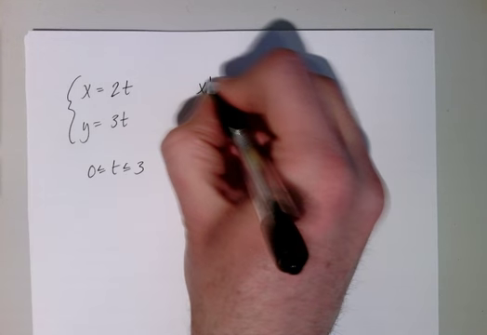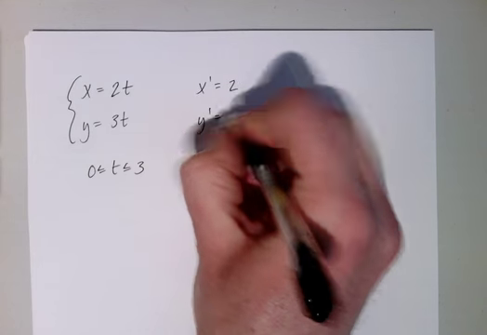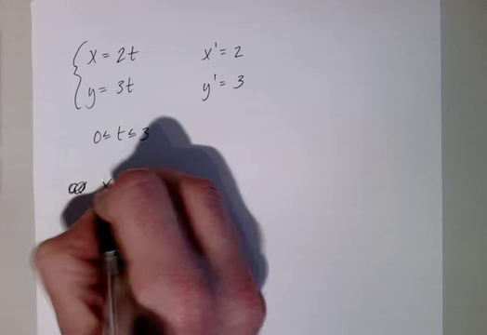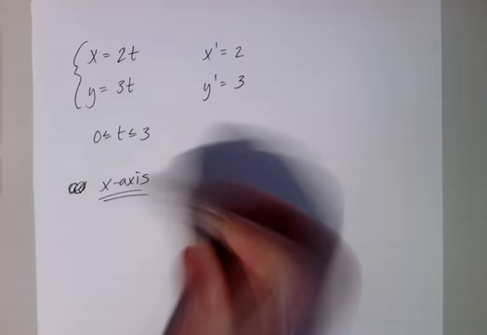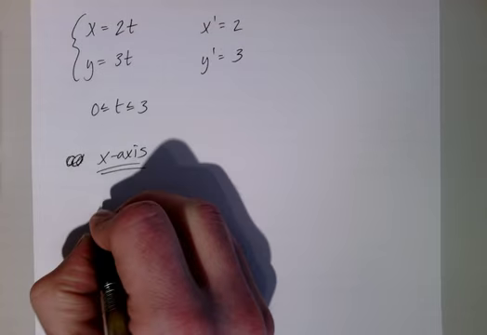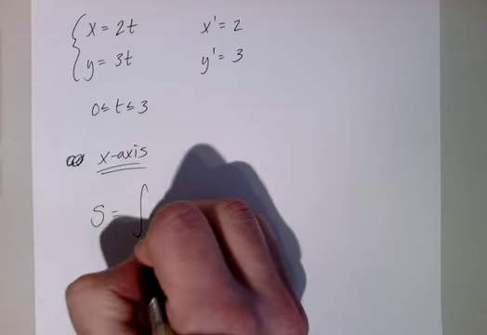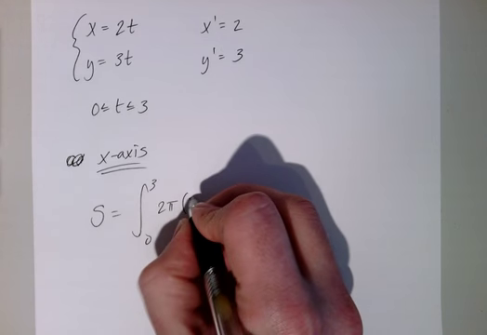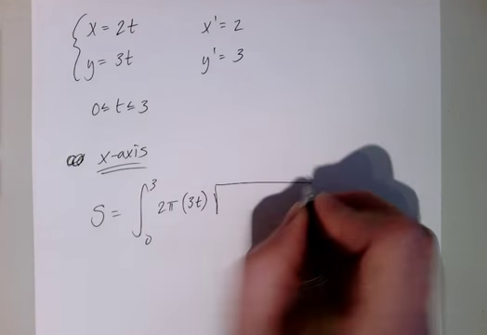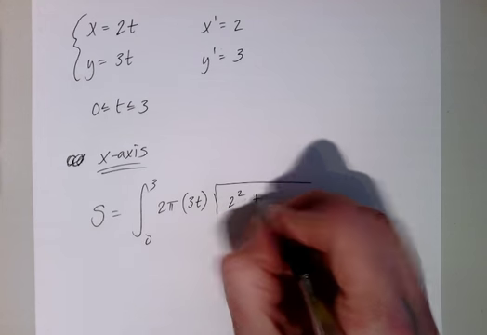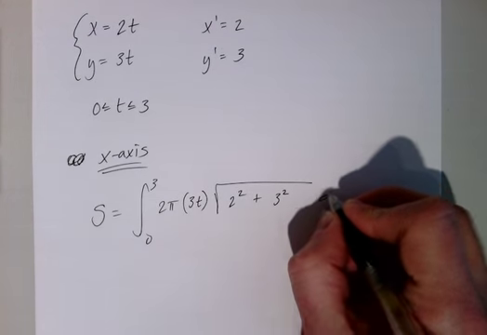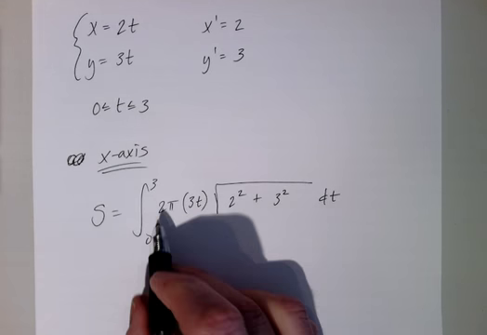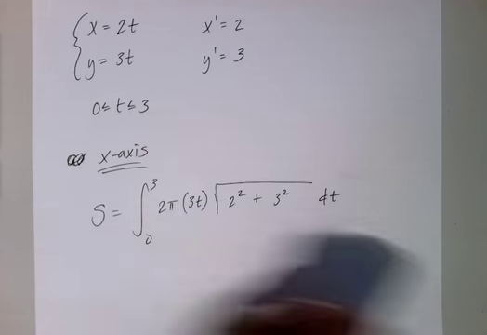Now, obviously, x prime is 2, y prime is 3, and therefore if I want to go around the x-axis, the surface area is going to be the integral from 0 to 3 of 2 pi y, and then it's just going to be the square root of 2 squared plus 3 squared dt. Well, that's 4 and 9, that's root 13. Root 13 and then 6 pi.